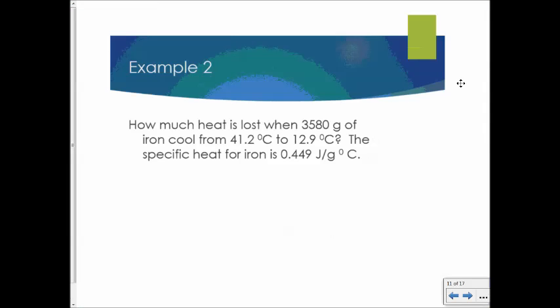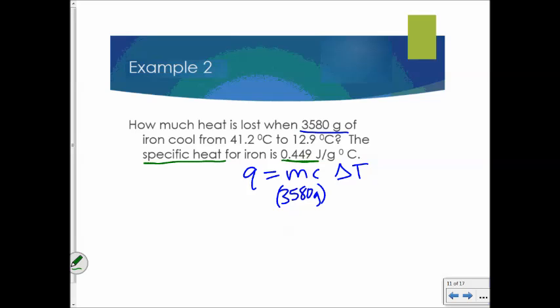Okay, let's plug and chug away. Q equals m c ΔT. The mass, I'm just going to place it under where the mass goes. The specific heat goes right here for the C. And the temperature change.